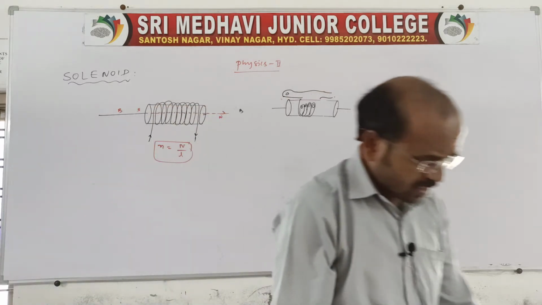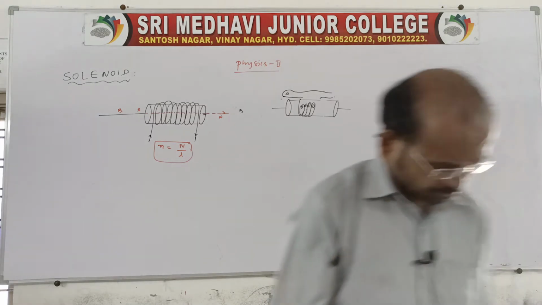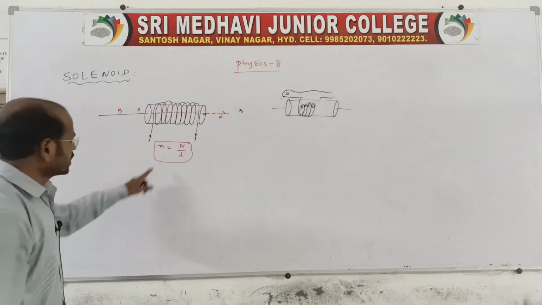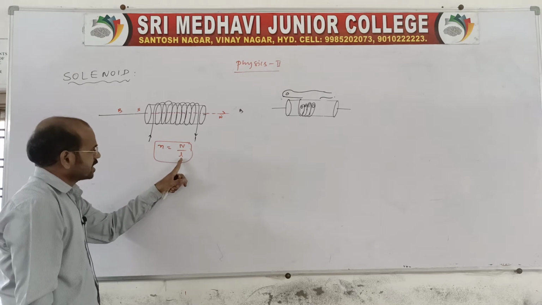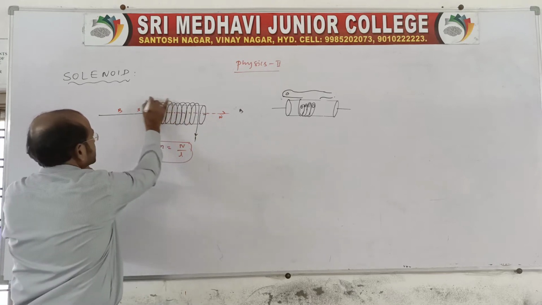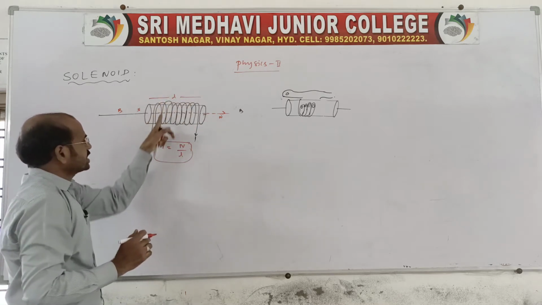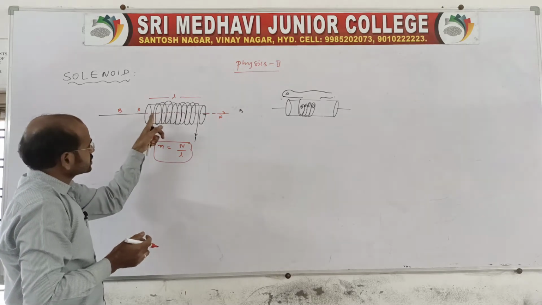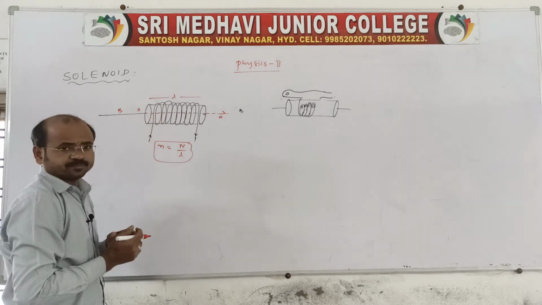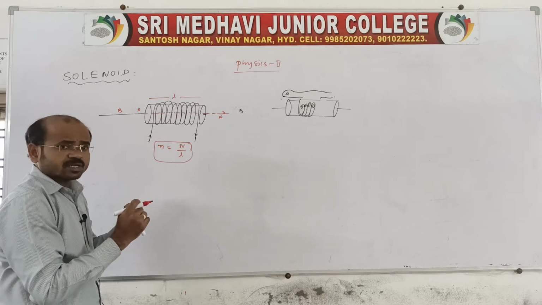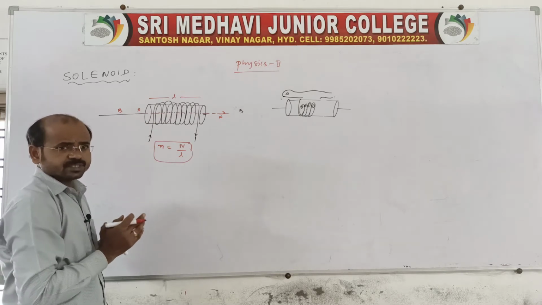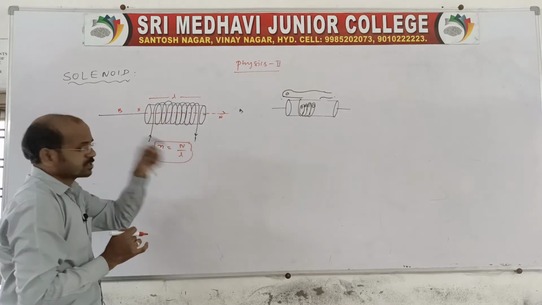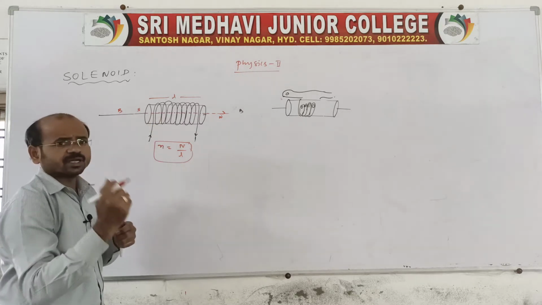That is, n is equal to capital N by L, the number of turns per unit length of a solenoid, which contains a capital N number of turns. Each turn is physically in contact, but we will not get any problem because it is an insulated wire, so there will not be any effect.